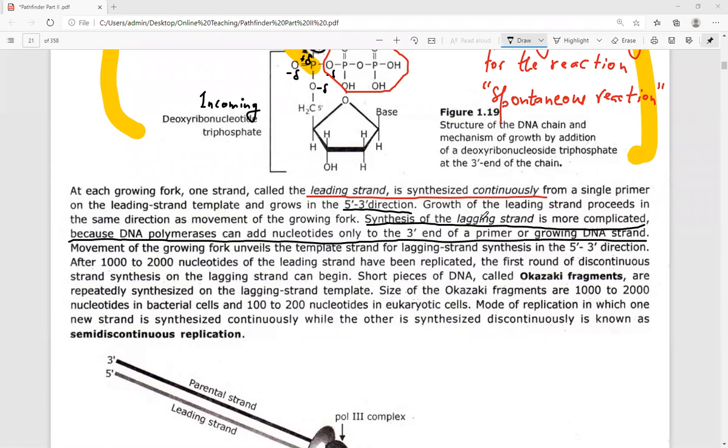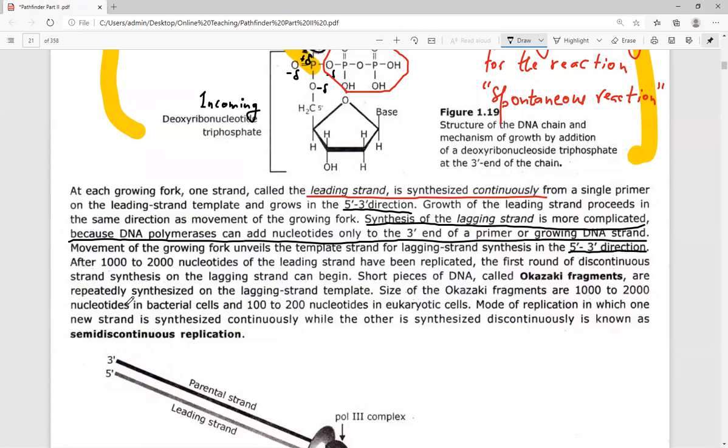Now, after the leading strand is being biosynthesized by the DNA polymerase, the strand which is being biosynthesized now is referred to as the lagging strand. We have already seen how the lagging strand biosynthesis was taking place. Movement of the growing fork unreveals the template strand for lagging strand, which is going to move in 5 prime to 3 prime direction. This is the direction in which the lagging strand is going to be biosynthesized.